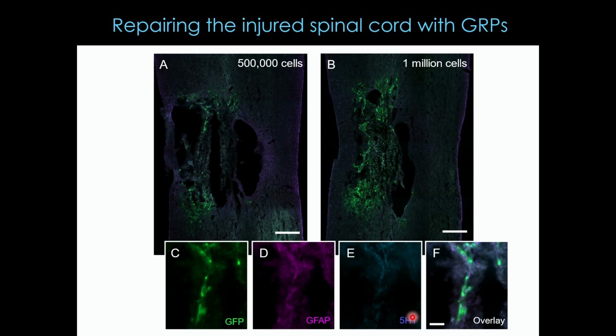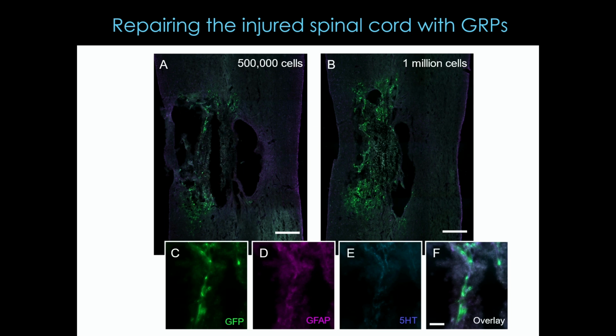I'm just showing you here some of the early studies with transplantation of GRPs alone, where the GRPs survive to varying degrees. So we're doing dose-dependent studies to see what populations of donor cells survive an injury. But it does show you, at least for those of you online, you see the spinal cord here with the transplantation of these surviving glial cells within the cavity.